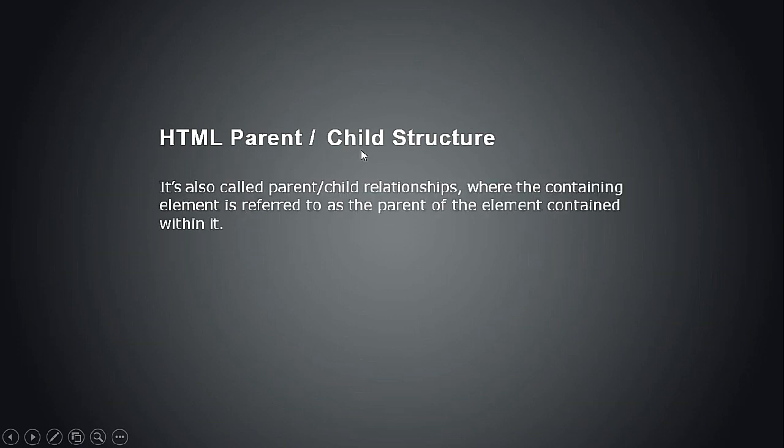HTML parent or child structure. Now we can say that HTML contains the head tag and body tag, which means that the body tag and the head tag are the children of the HTML tag, and the HTML tag is the parent of both head tag and body tag.